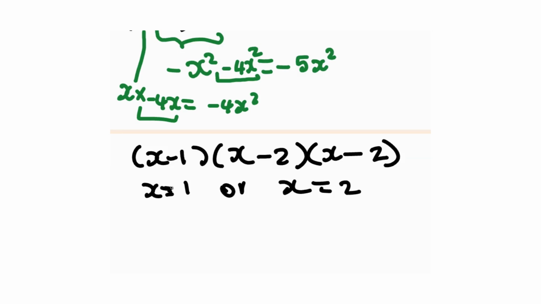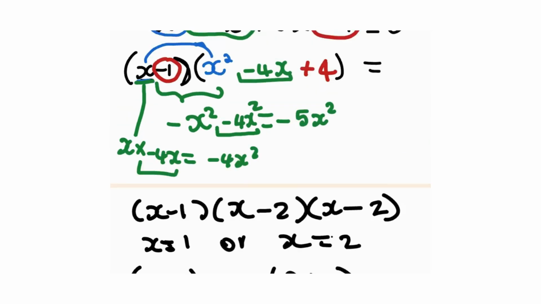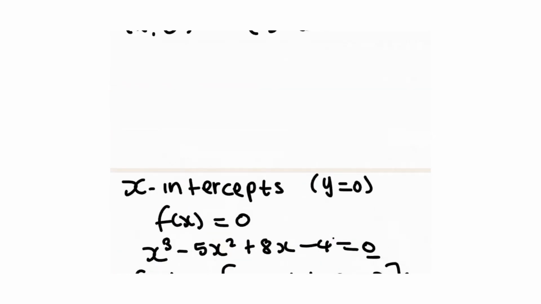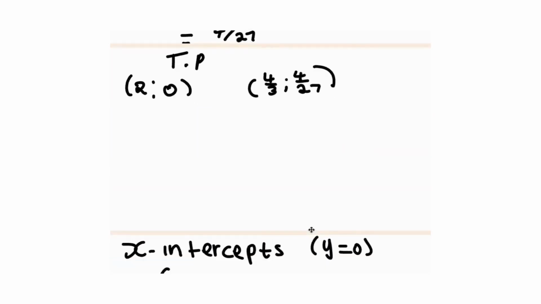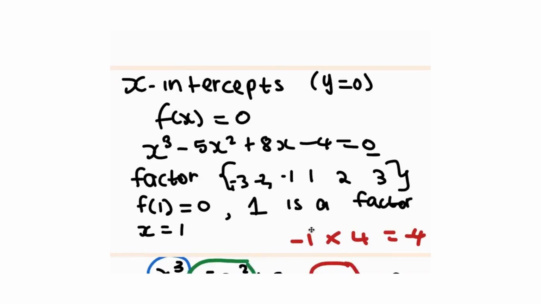So our x-intercepts, remember we had said y is 0, so you have 1 and 0. You also have 2 and 0. So that is what we have on sketching the graph. We have your shape, you have the turning points, we have the x-intercept, we also have the y-intercept.